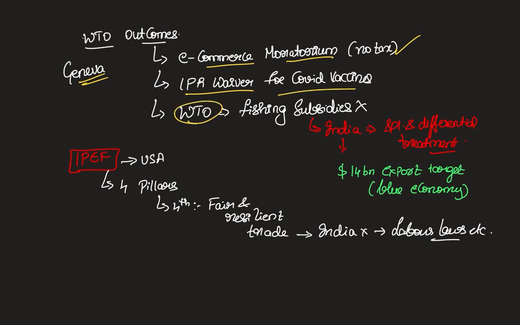Next thing is fishing subsidies. There are a lot of countries like Japan and even the EU where fishing is becoming unsustainable, environmentally very dangerous. Therefore, they wanted to phase out fishing subsidies. But India did not agree to this and asked for a special and differential treatment.